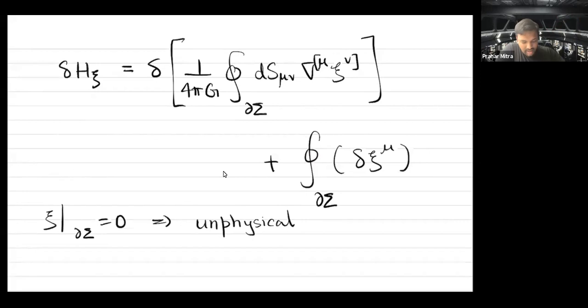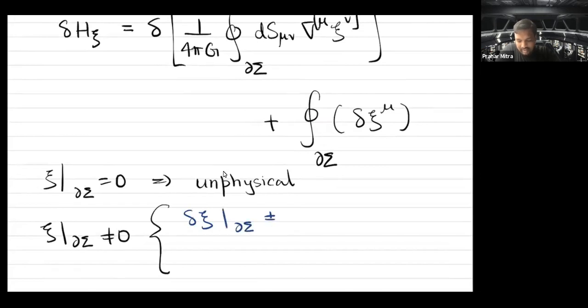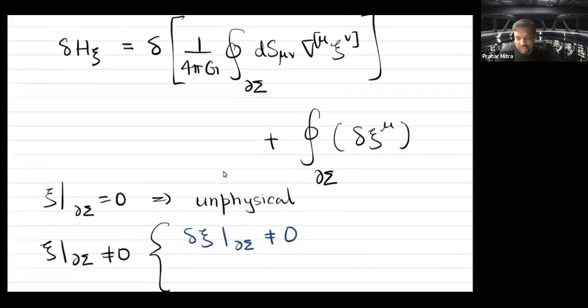But more than that, if psi is not zero, now we have to consider two cases. The first case is that delta psi, let's say, is not zero. Then you notice that this extra term over here doesn't vanish. And so the transformation is not a canonical transformation because it's not a total variation of something.